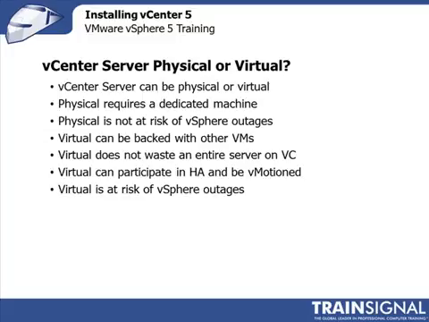You don't need to dedicate hardware to it. As a virtual machine, it can be very easily backed up. You don't waste an entire server on Virtual Center. Virtual Center can participate in HA, so you can vMotion Virtual Center around. If a particular host where vCenter is pinned goes down, HA will automatically power it on on a different server.